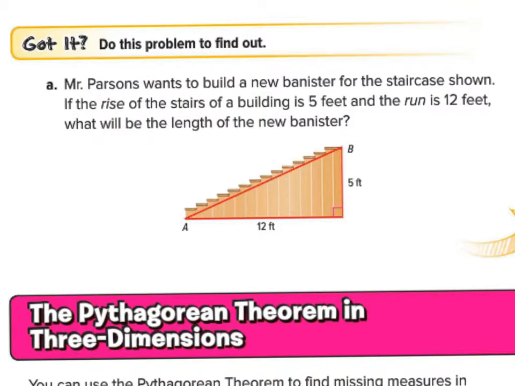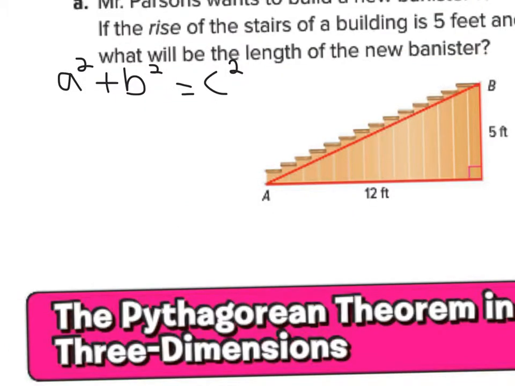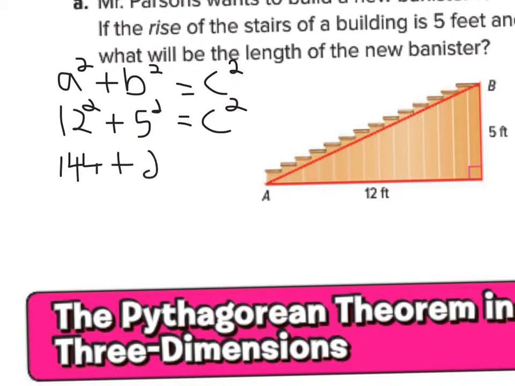So let's go ahead. If you know how to do this, please pause the video now and try it on your own. Pause now. So let's start with the formula, and then let's replace our variables, where my run will be my a, so 12 squared. My rise will be my b, the 5, so 5 squared, and then c squared. So now I will square these numbers, and 12 times 12 is 144, and 5 times 5 is 25, equals c squared. And then the sum of these two numbers is 169.